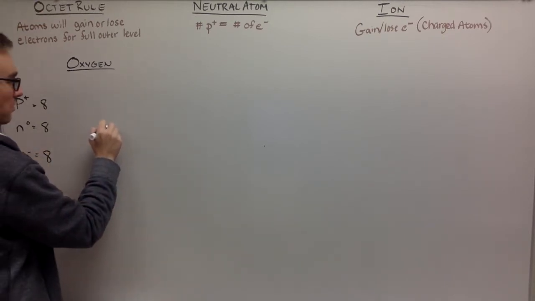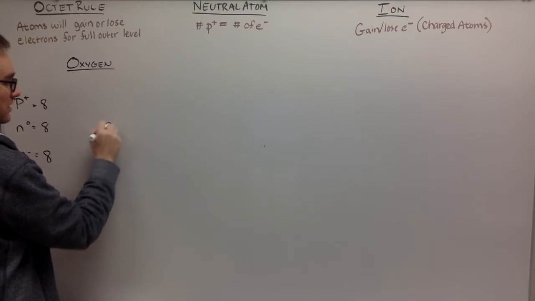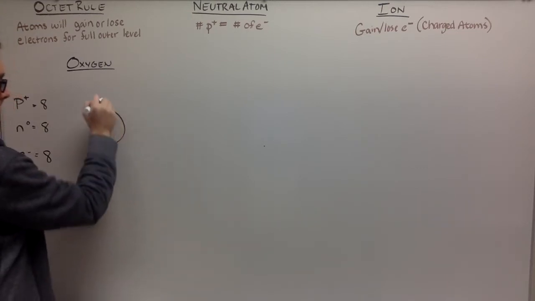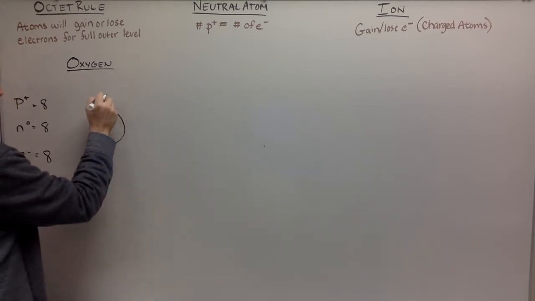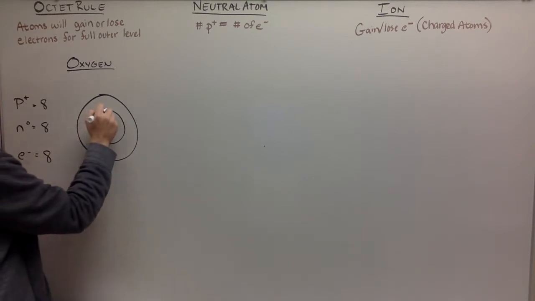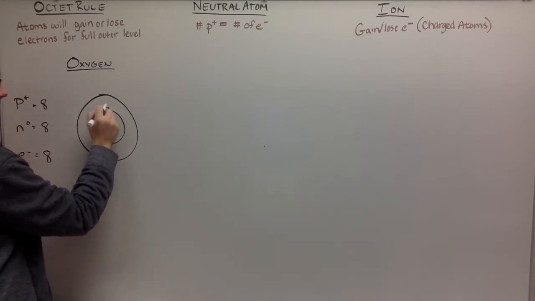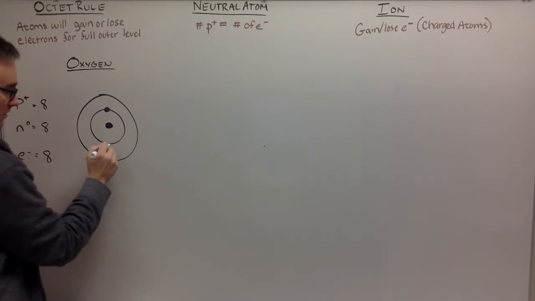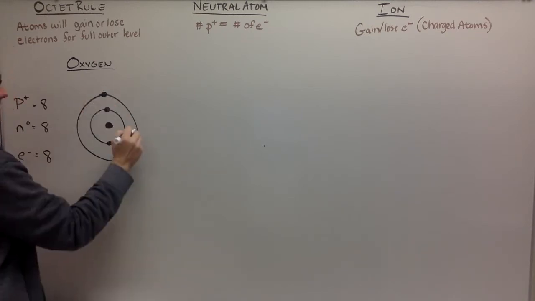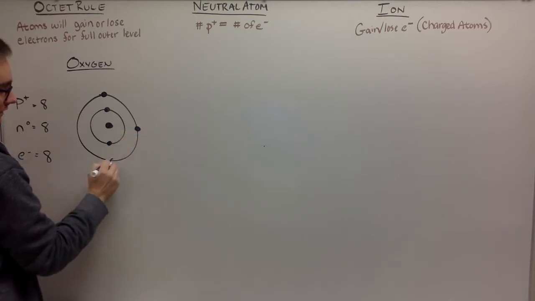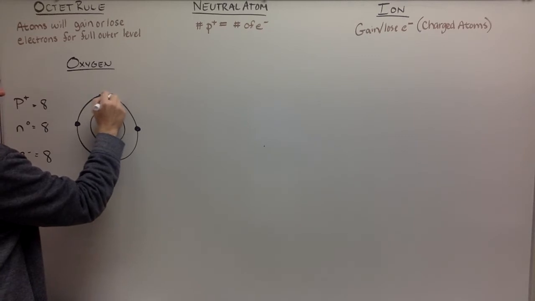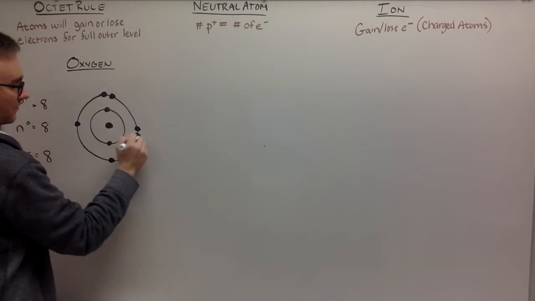If I was going to draw this Bohr model, there's my nucleus with my protons and my neutrons. I need 8 electrons, so 1, 2, 3, 4, 5, 6, 7, 8.